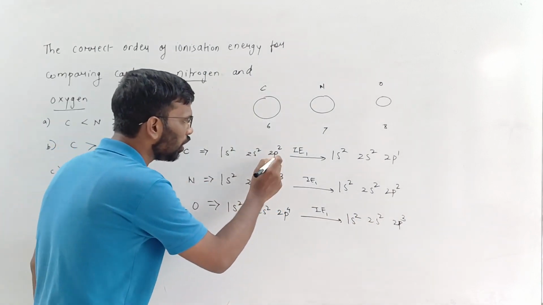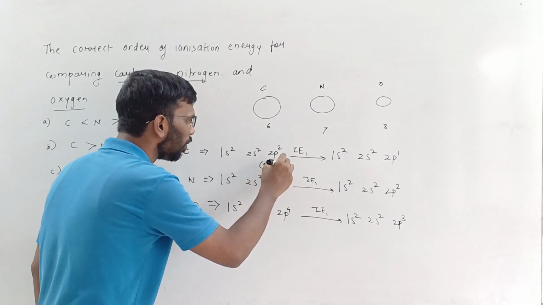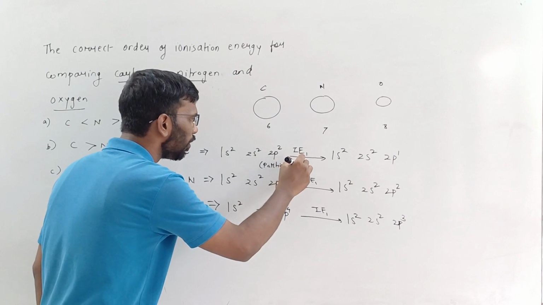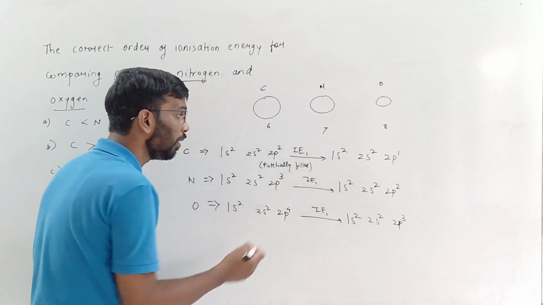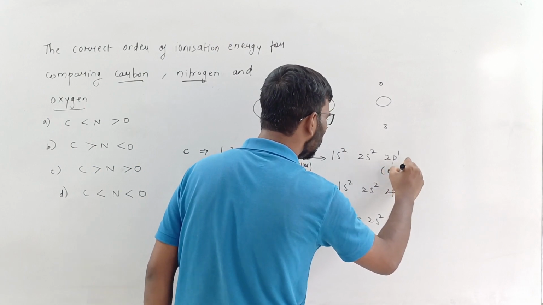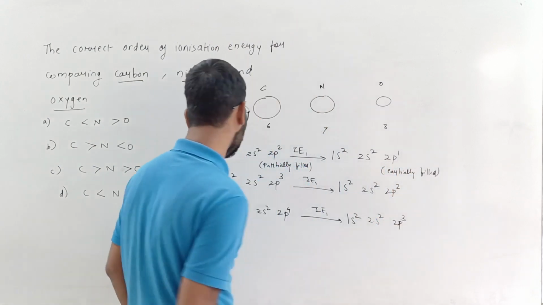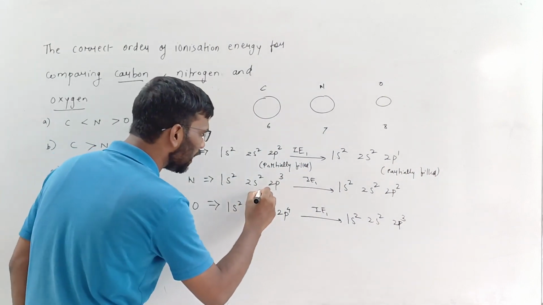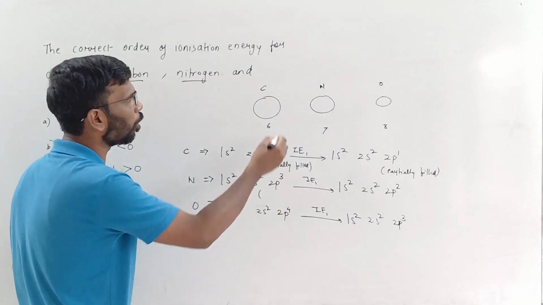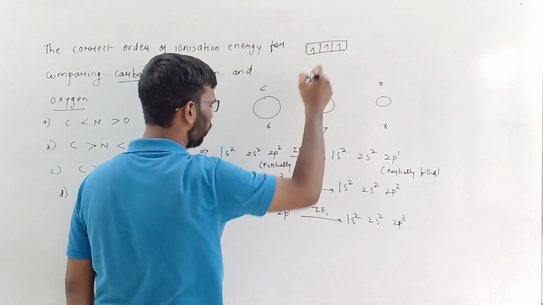Now understand the process. This p orbital was partially filled, this is partially filled, right? It is changing to partially filled only, not much change. This is exactly half filled p3 orbital. The p3 orbital is this way. It is exactly half filled, right?